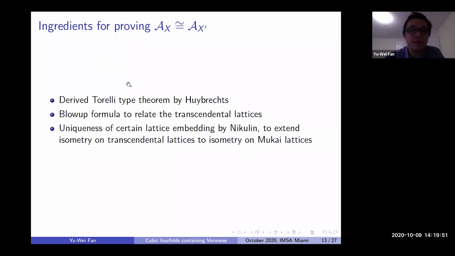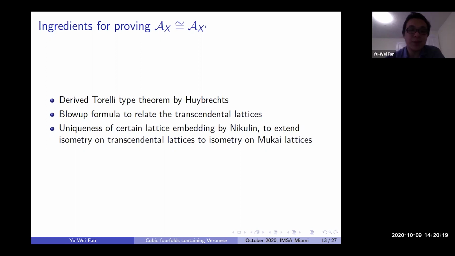Okay. So let's first prove that X and X prime have equivalent K3 categories. Recall that X and X prime are related by this Cremona transformation. These ideas are kind of well known.